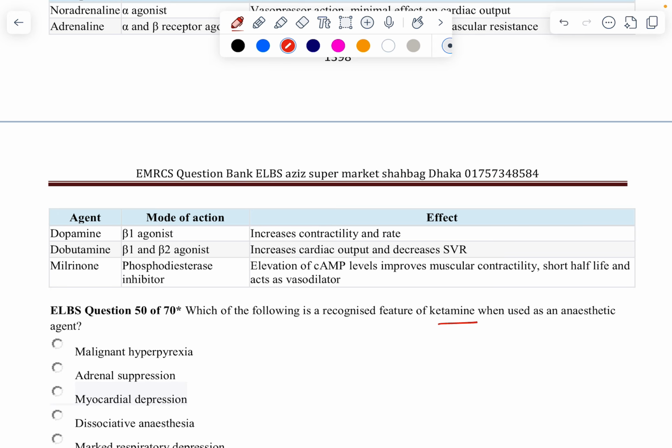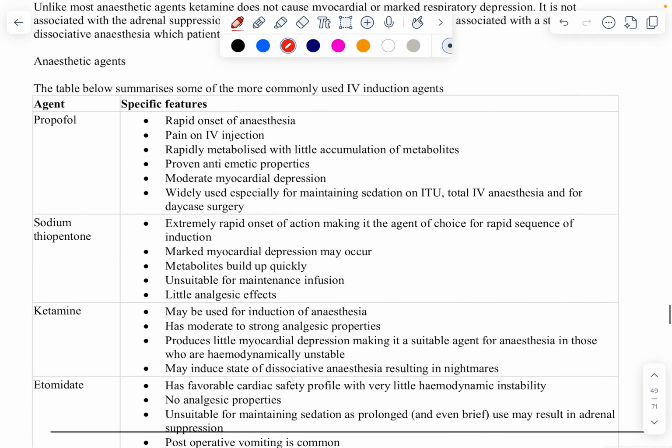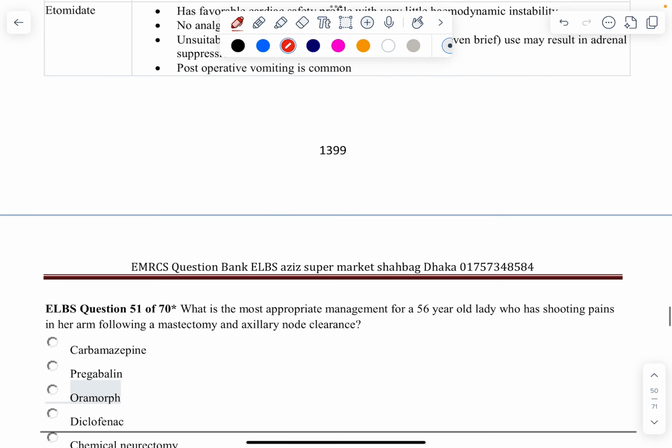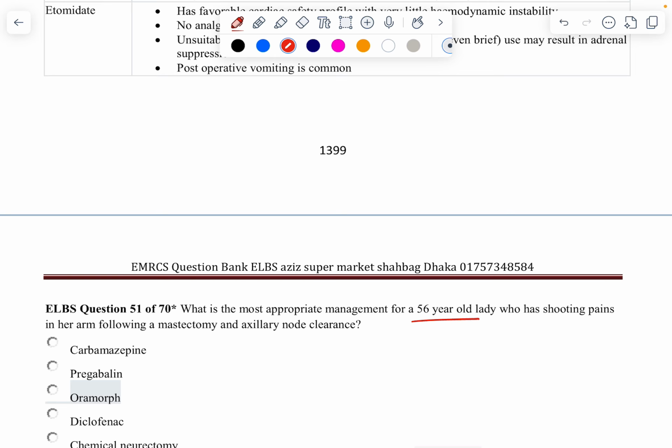Ketamine, dissociative anesthesia. Shooting pain after mastectomy, not clearance. What is the management of shooting pain?